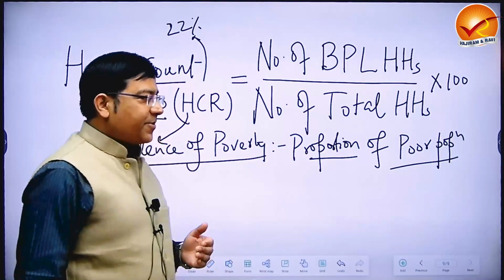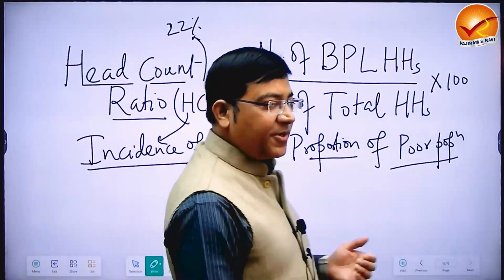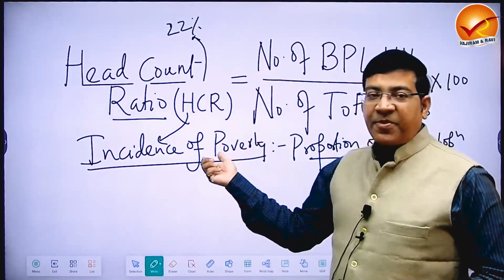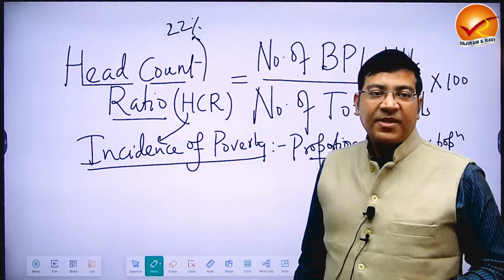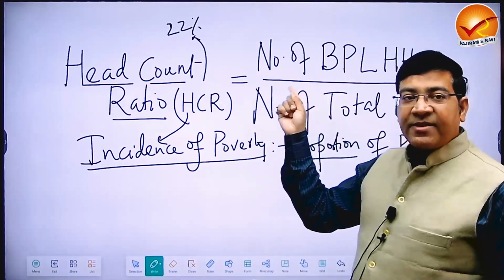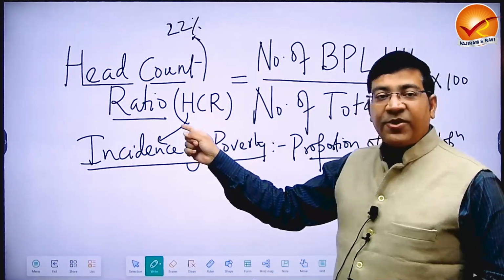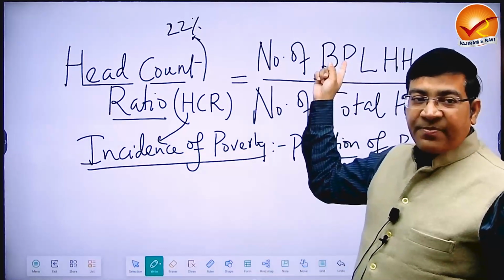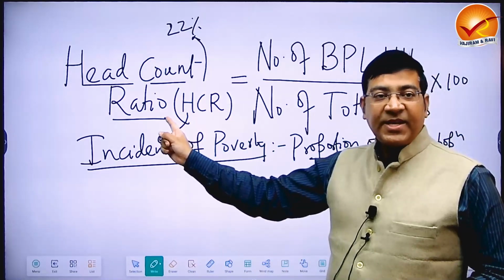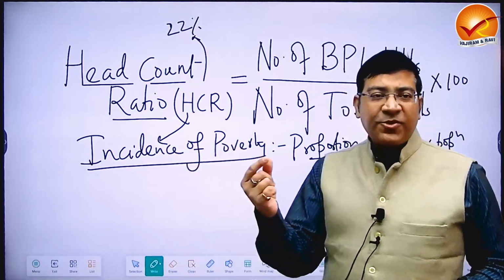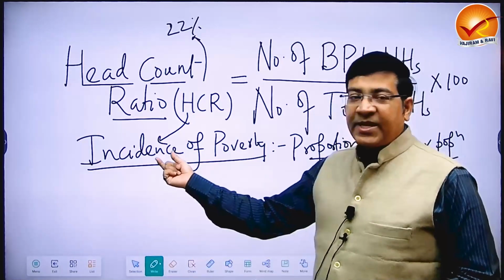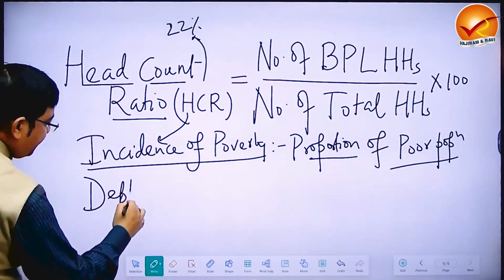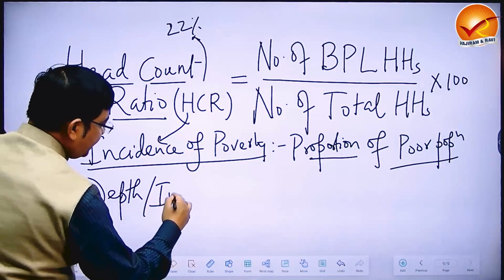Whenever we talk only about the proportion of the poor population, we call it incidence of poverty. Like in this discussion, we'll say that by poverty line estimate, the incidence of poverty is 22%. Remember, the moment I change the poverty line as a measure, the incidence will also change. We'll discuss that. By poverty line measure, the incidence of poverty is given by head count ratio. So this is just to make you familiar with the terms which are common in poverty, like incidence. There is one more term which is very commonly used, depth of poverty or intensity of poverty.